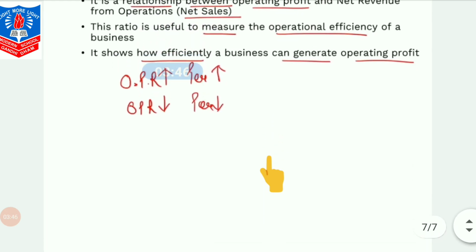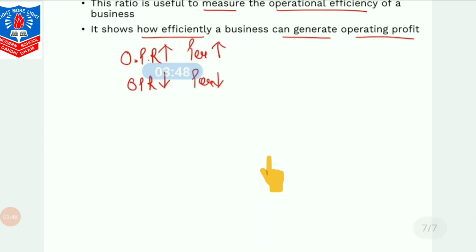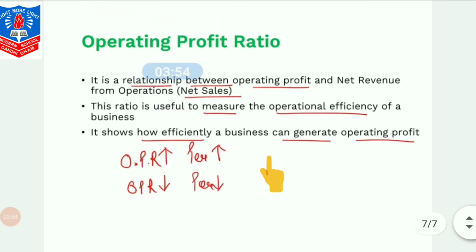Please try to understand one thing, its formula, that is operating profit upon sales into 100. As the name is, in the same way. Here it is very clear. Operating efficiency takes in the relation between operating profit and sales.